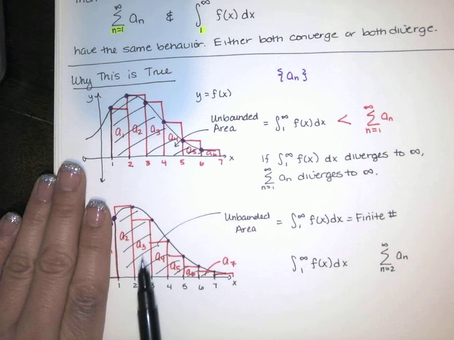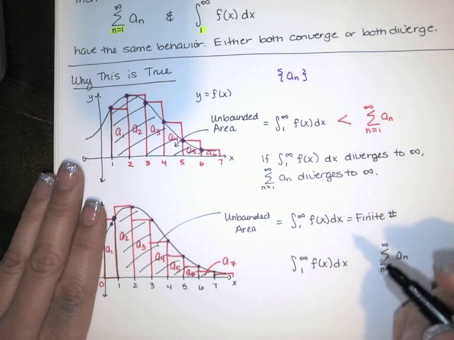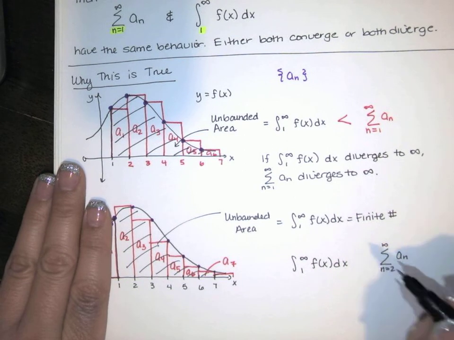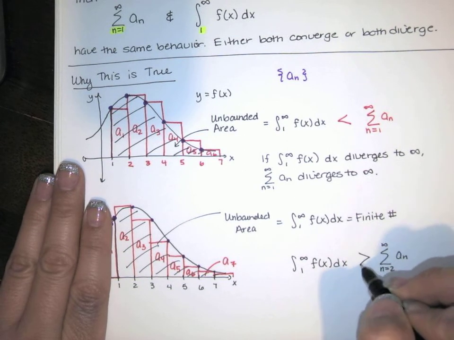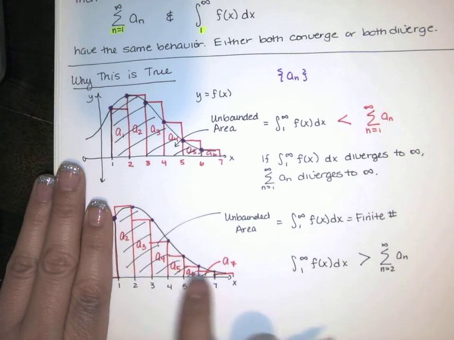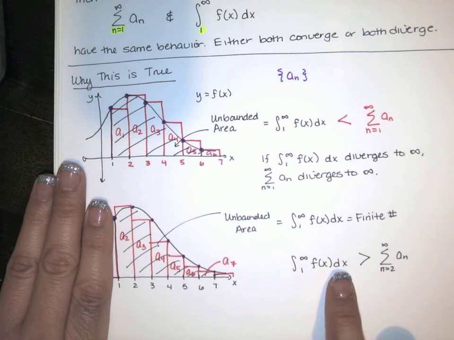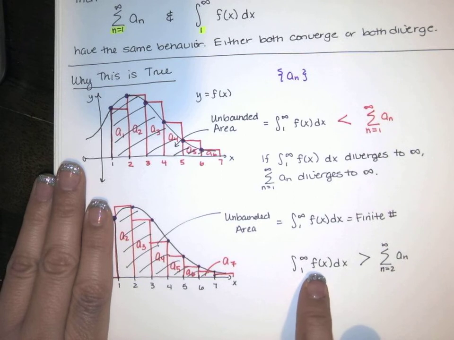So in this case, this sum from n equals 2 to infinity of a sub n is actually less than the integral from 1 to infinity of f of x dx. Does that make sense? Since all of these are underestimates, when I add them all together, the area under the curve is going to be greater.